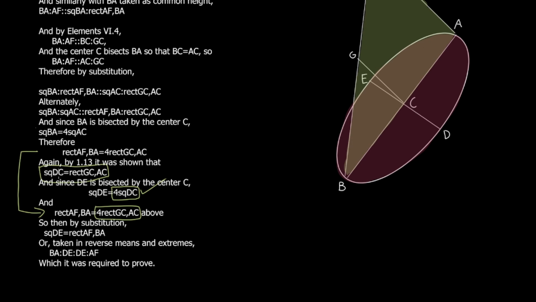Where I multiplied both sides of this by 4, and then on one side I'm substituting that for the square on DE and bringing that down, and then on the other side I'm substituting this multiplication by 4 for this and bringing that down. But anyway, I guess that works.